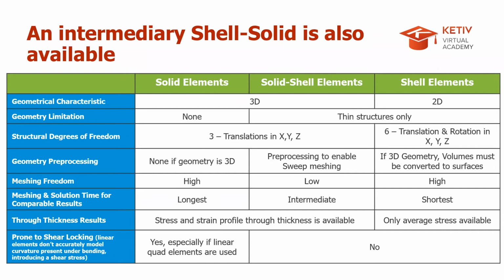So when you have a sweep mesh, you're sweeping the body from one side to the other, and the beginning surface that you start the sweep and the end surface that you end the sweep have to be the same size. And so that means you have to use relatively simple geometry, but I wanted you to be aware of this other solid shell element option as well.